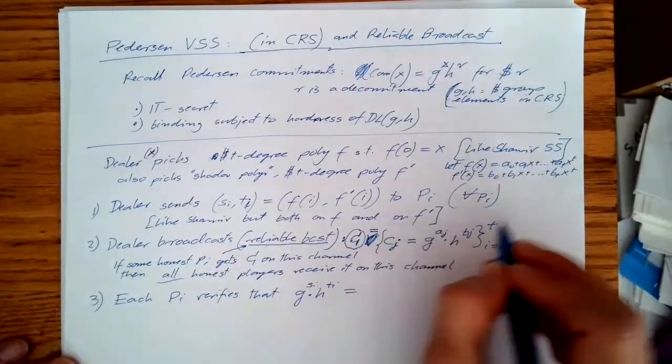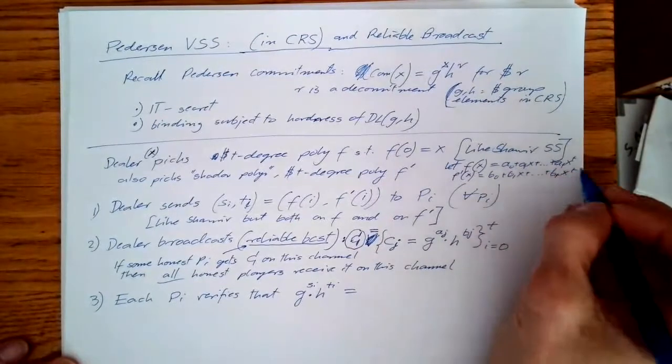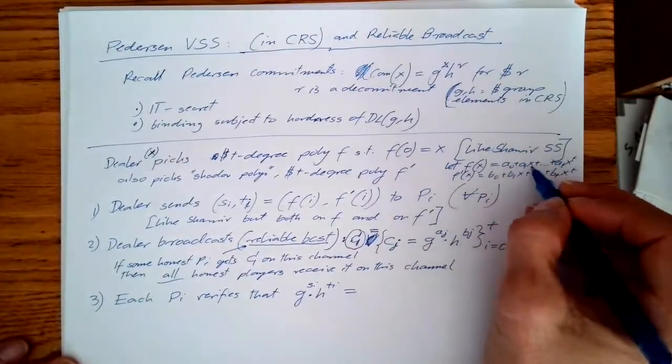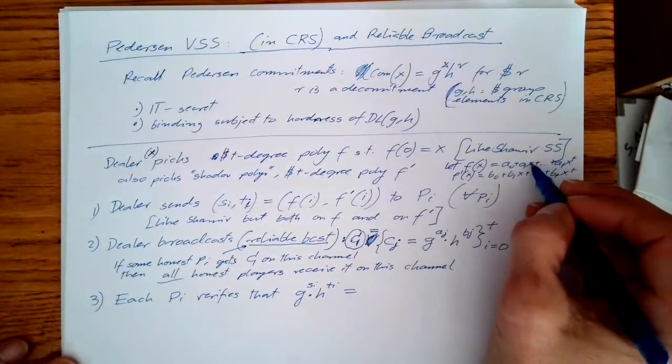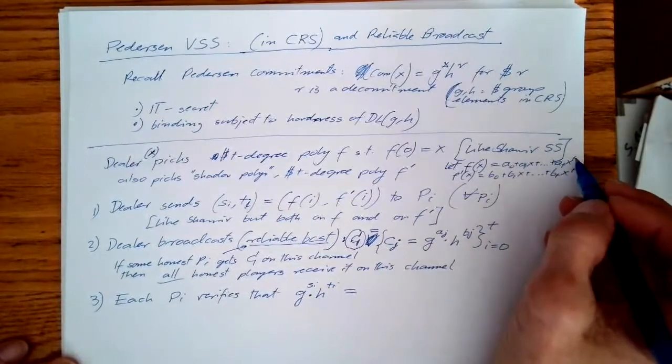But f of i is a summation over the coefficients, the Ajs, with some i to the first, i to the second, i to the third.